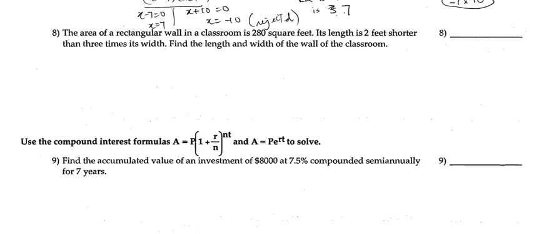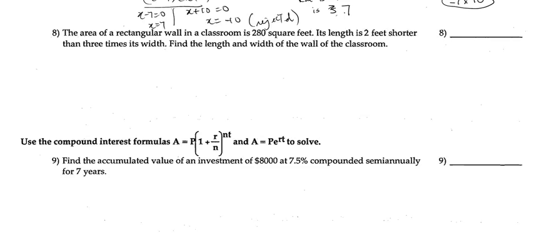All right, let's take a look. The area of the rectangular wall in a classroom is 280 square feet. The length is 2 feet shorter than 3 times its width. Find the length and the width of this classroom.